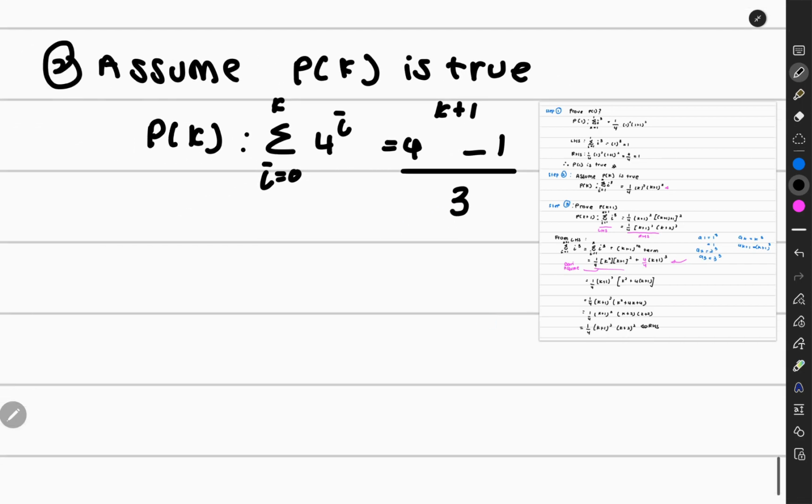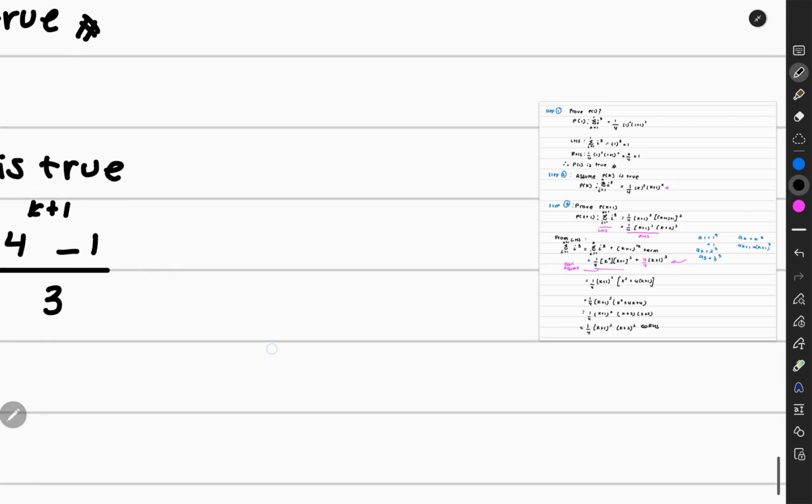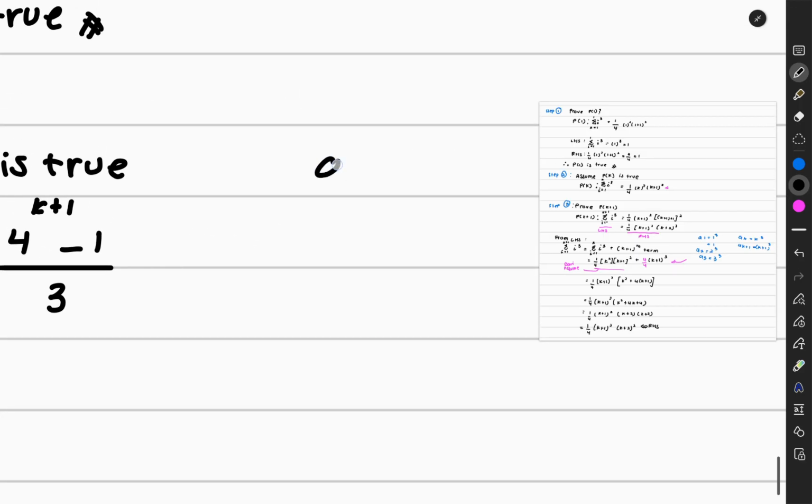Okay. By the way, maybe you boleh take a note here. What is the first term here? 4 sub 0 ke? Yes. The second term will be 4 to the 1, which is 4. The third term will be 4 to the 2.